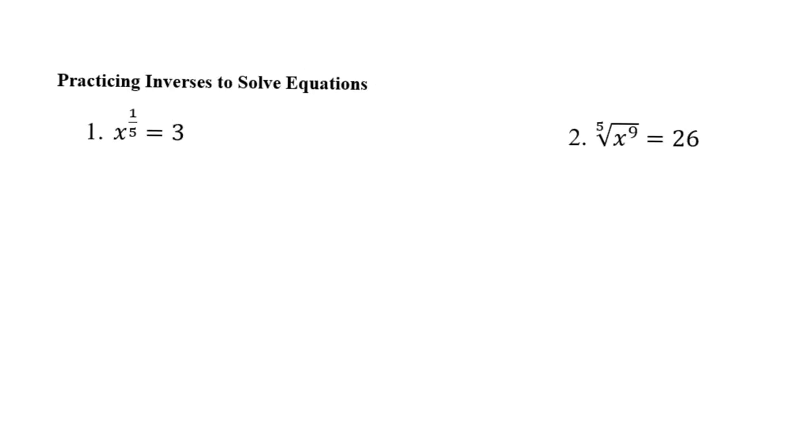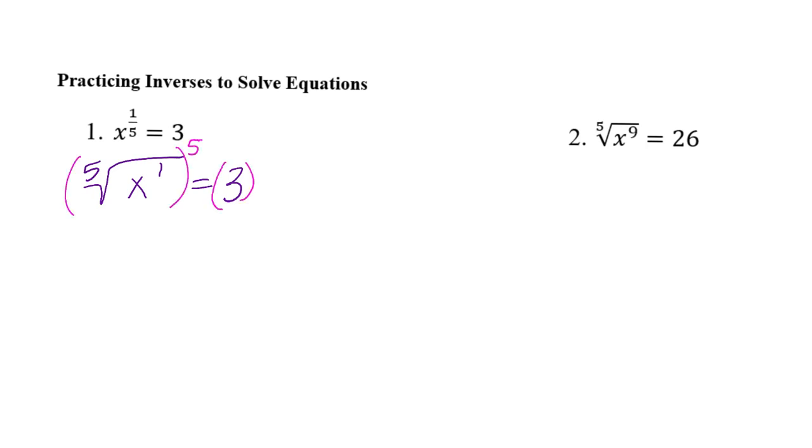When we see fractional exponents, like on number 1, what we want to do is go ahead and rewrite those as a radical. So remember, the 5 that's on the denominator goes on the outside. X to the first goes on the inside equals 3. So in order to get rid of the 5th root of x, what we need to do is raise it to the 5th power on both sides. That's the opposite operation.